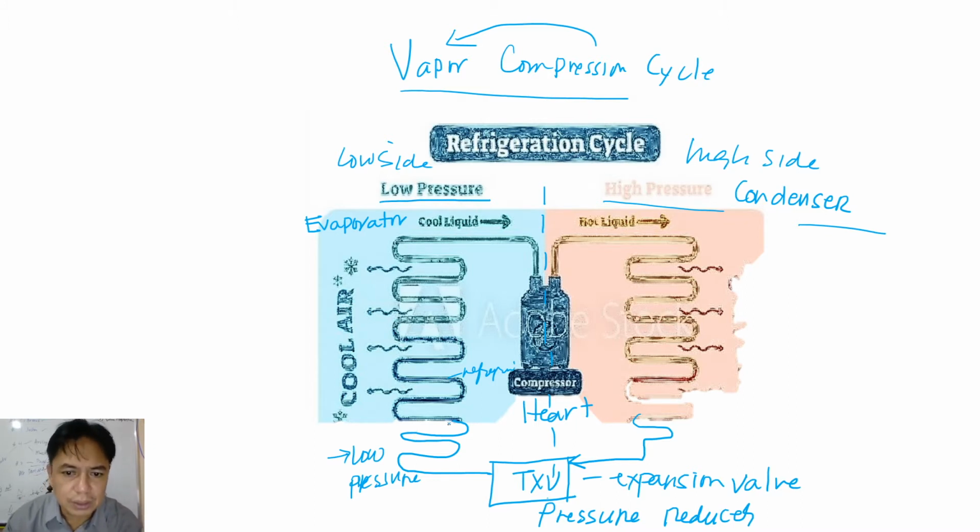A mixture in the evaporator, some part vapor and some part fluid. Now, how will it become vapor? Because it is an evaporator, right? It means it is evaporating. It should evaporate the fluid inside, and the purpose of the evaporator is to absorb heat, Q in, or QA.